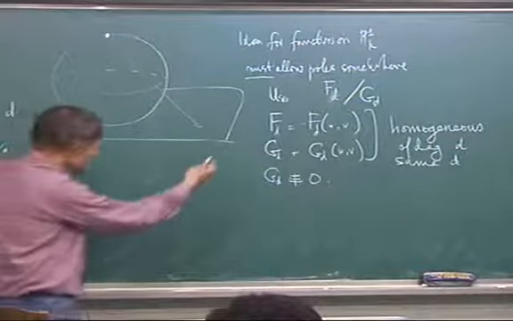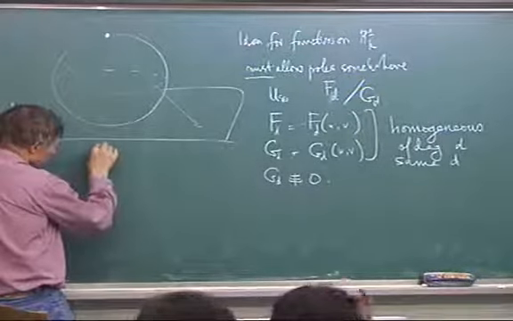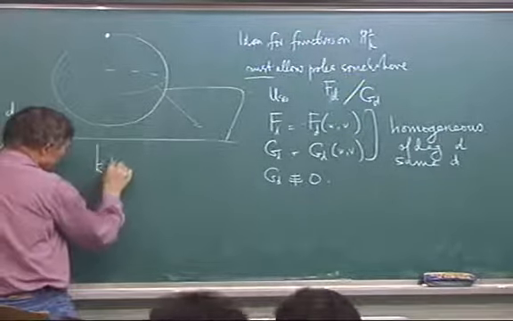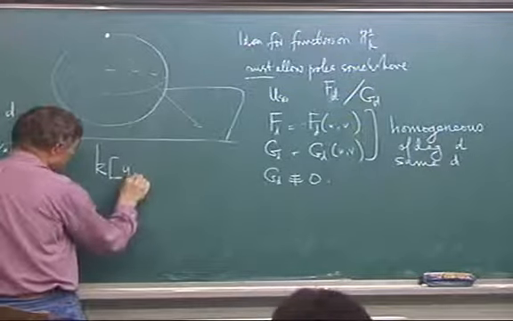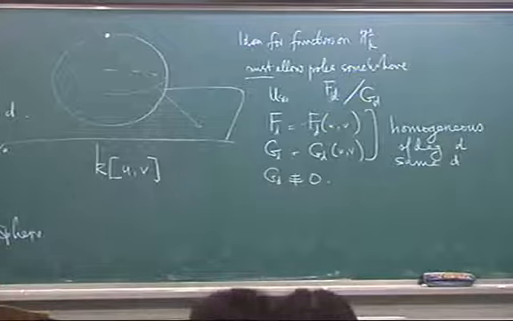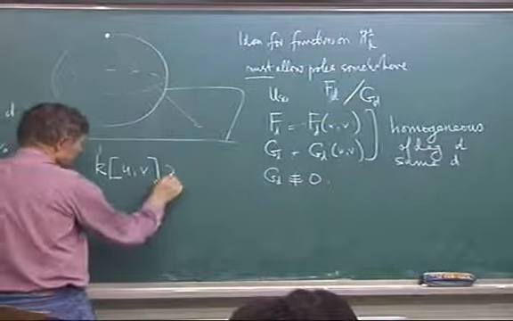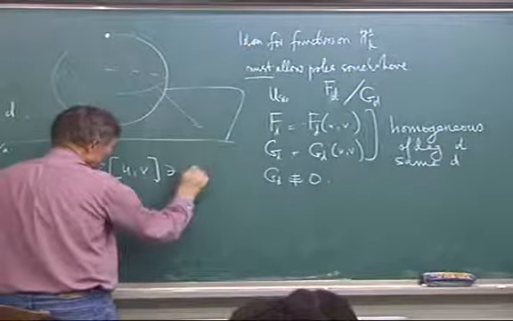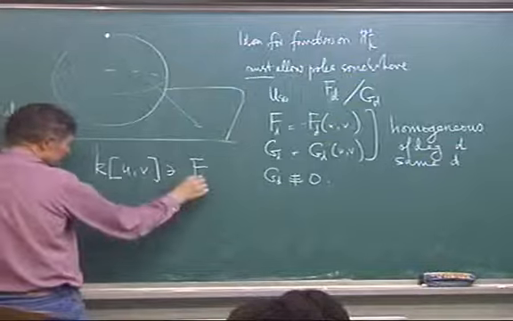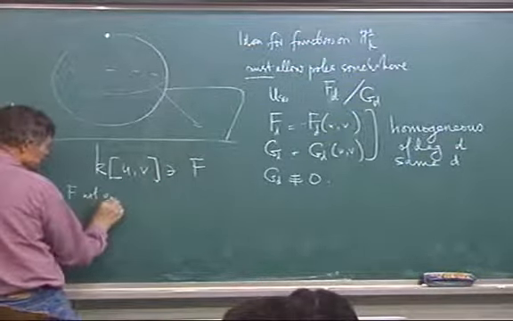Okay, so what am I doing here? Let me say I've got this ring K of u and v. The difficulty for us is that if I take an element f in there, f is not a function on P1.